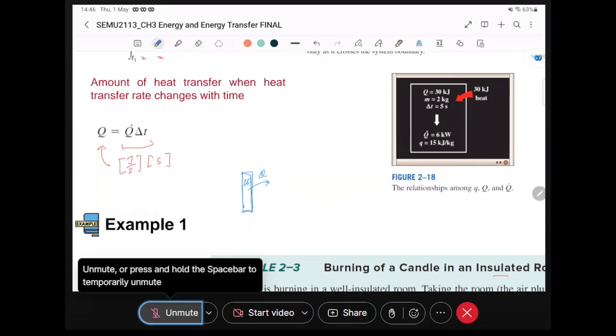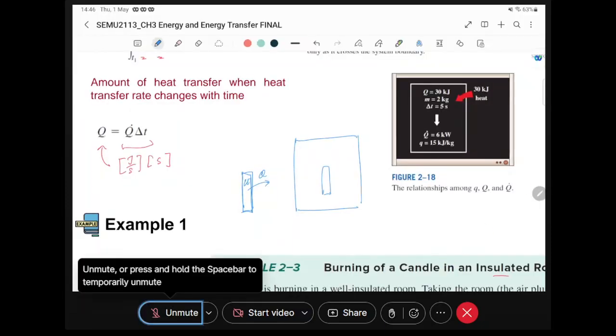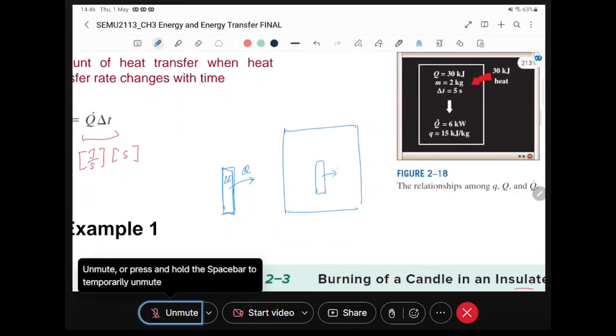If we look at the air in the room itself, which means the cavity of the candle, the air is gaining. This is decreasing, this is increasing. Make sense? This is the air. This is the candle.